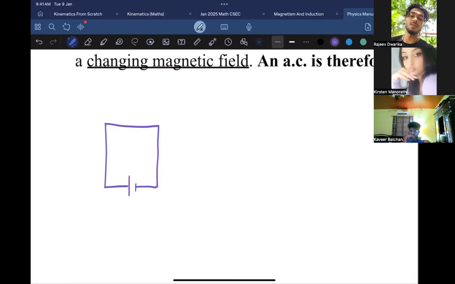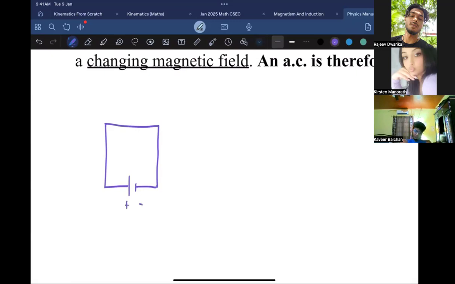Which one of the terminals is positive? The longer one or the shorter one? Okay, Justin, which one is positive and which one is negative? Longer one is positive, shorter is negative.